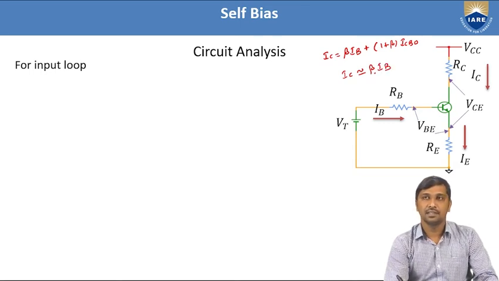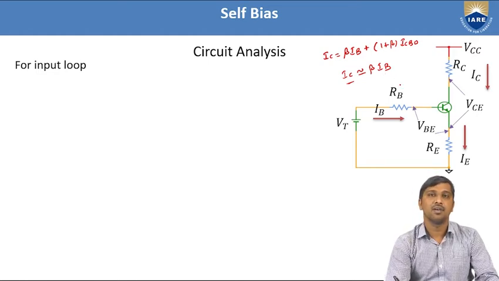From this relation, to determine the collector current in terms of the base current, we need to identify how much base current flows with respect to the biasing components, biasing resistances, and biasing sources.